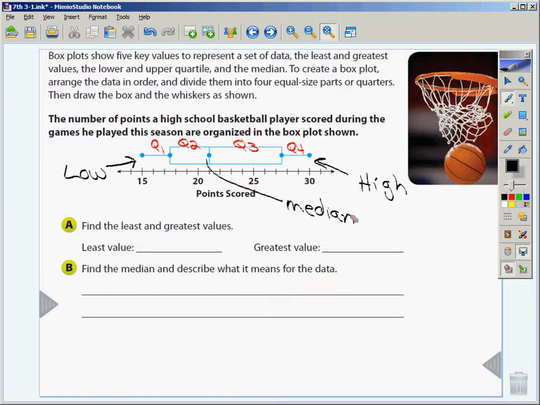No. Not necessarily. It's possible that 20 and 22 were my 2 numbers that were in the center, and then I have to average them together to get my median. So the only 2 points that I know for certain came out of the original data set are the low and the high.